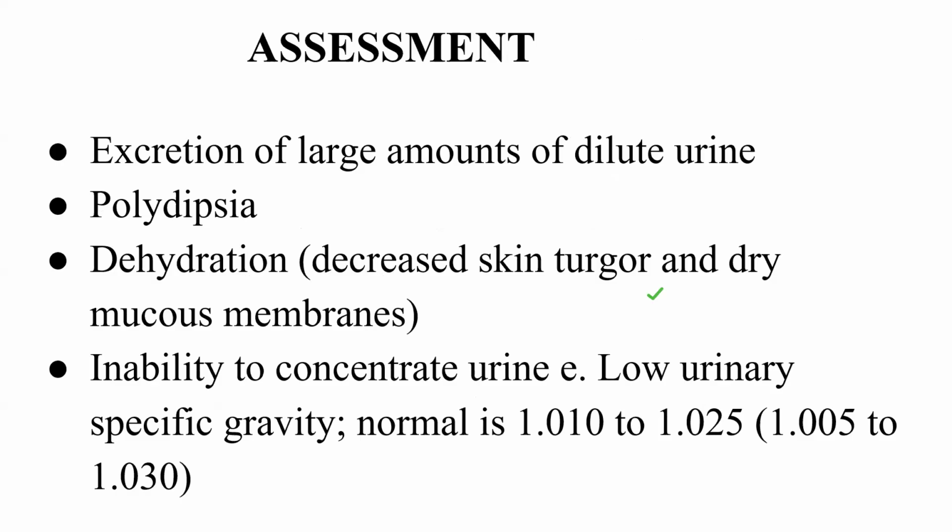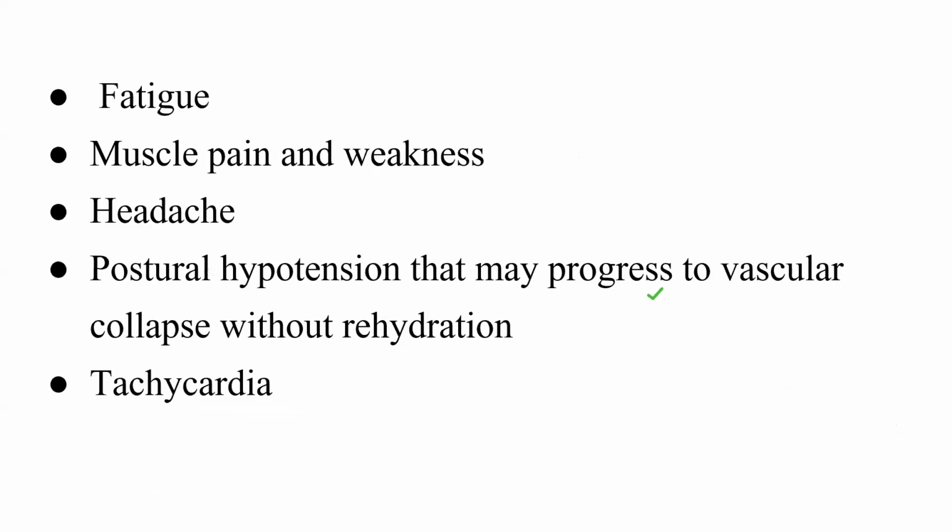By checking the skin. The patient's skin is always dry with poor skin turgor, dry mucous membranes, you understand? There's also an inability to concentrate urine, and a low urinary specific gravity. The urine specific gravity is always low.